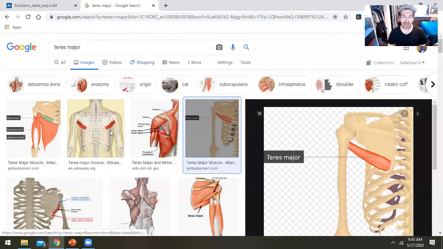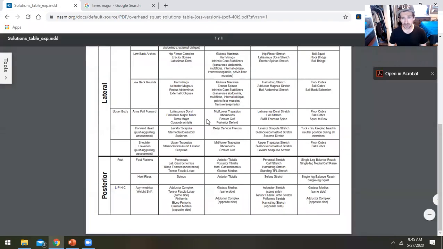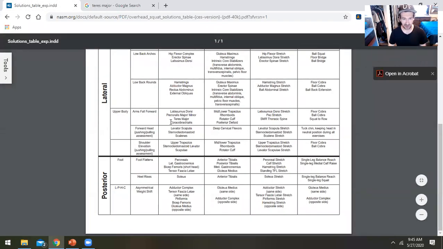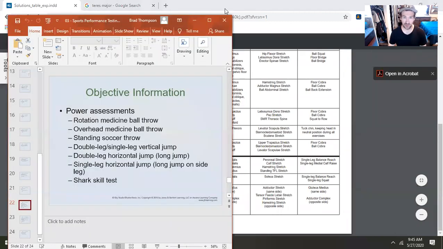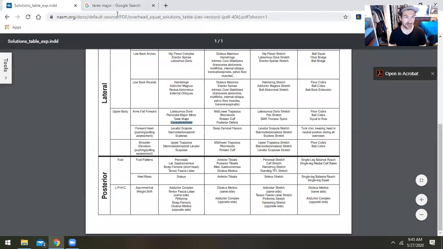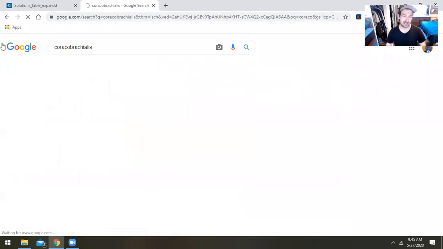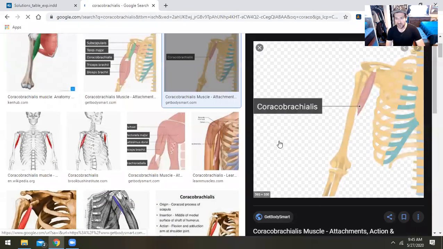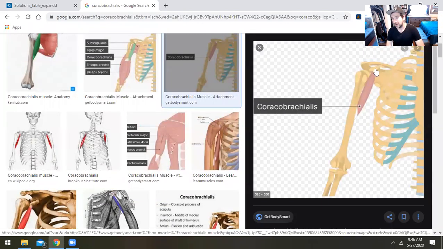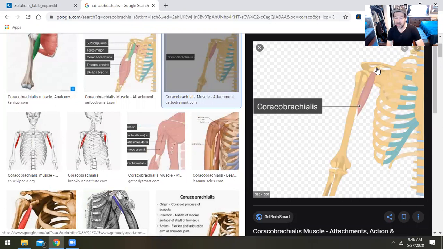And then there's one on this list we haven't spent a lot of time talking about, which is your coracobrachialis. Little tiny muscle right on that coracoid process. It's literally the name.